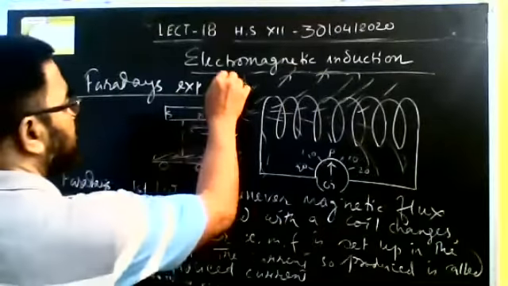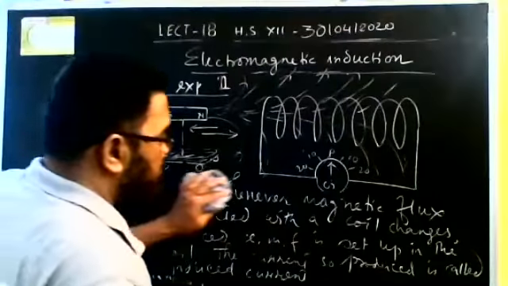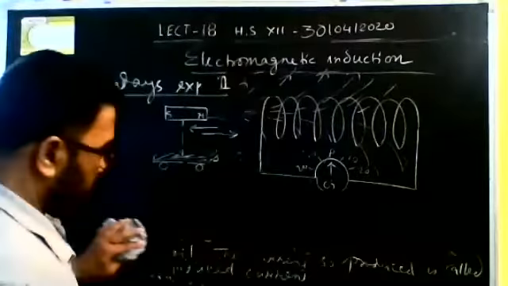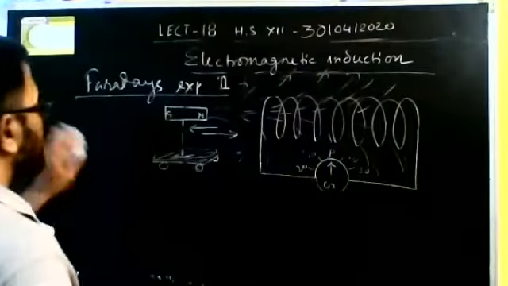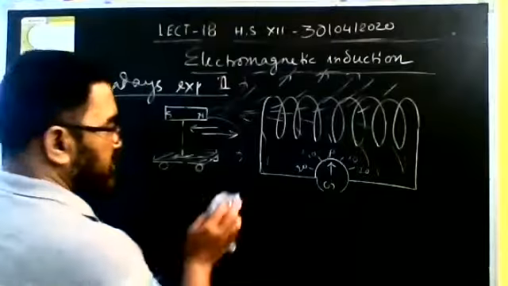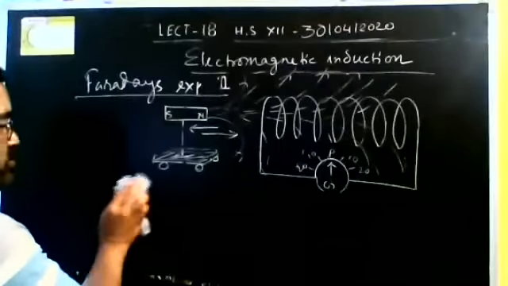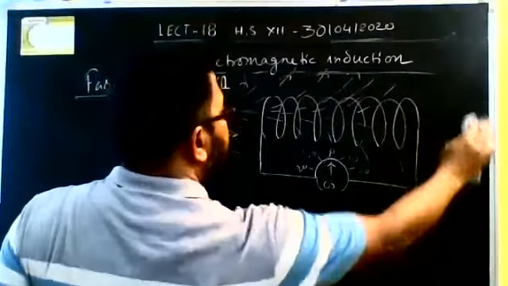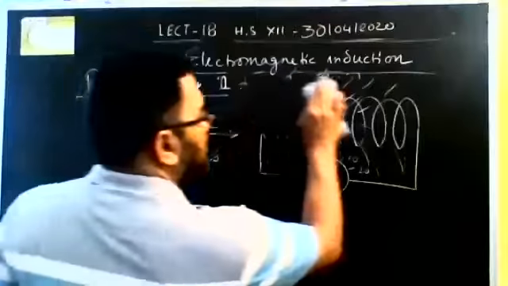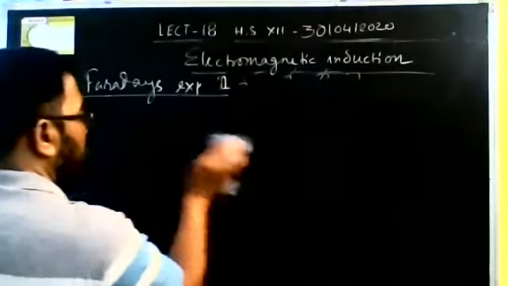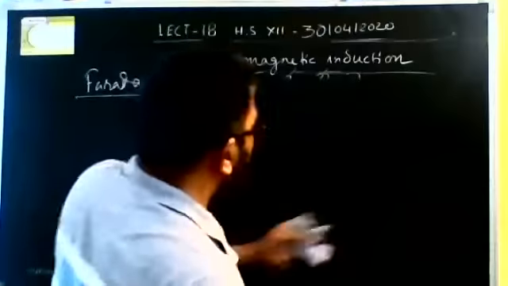Next experiment, experiment 2. Let us see. In the second experiment, Faraday observed that here for second experiment 2, he used two coils.